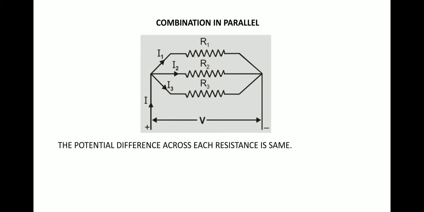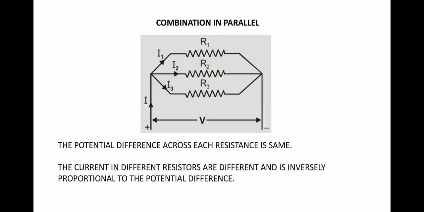The potential difference across each resistance is the same. Now the current gets distributed in these three resistors, and the currents through them are different. The current in different resistors is different, and is inversely proportional to the resistance, as we have learned in Ohm's law.